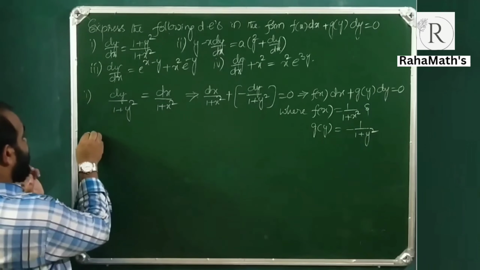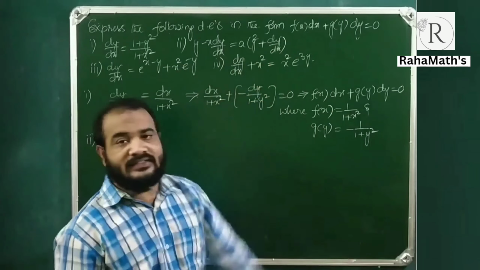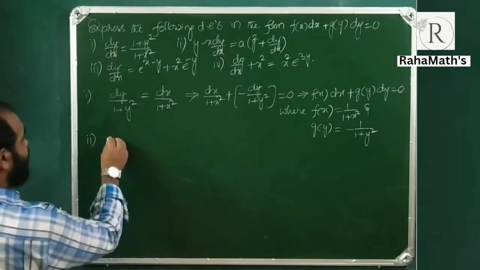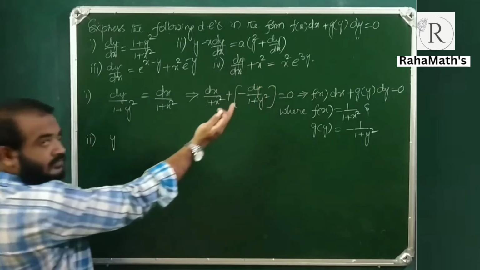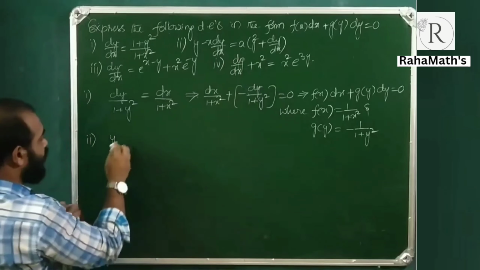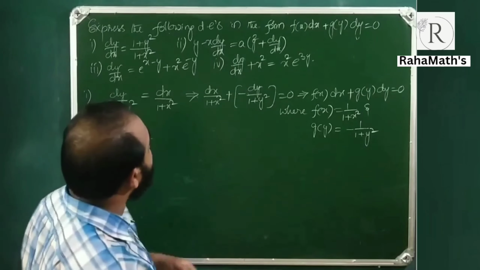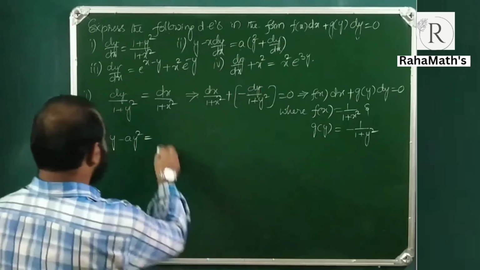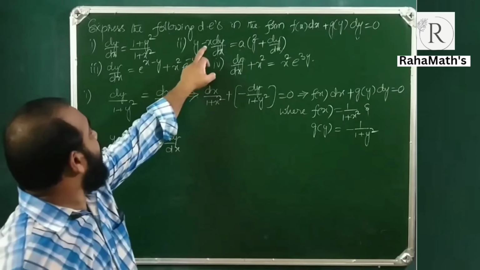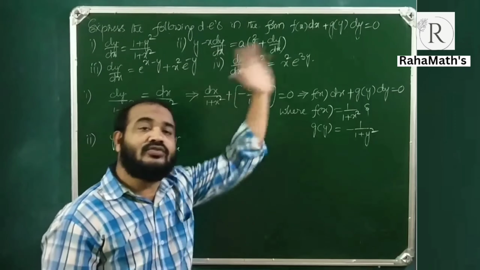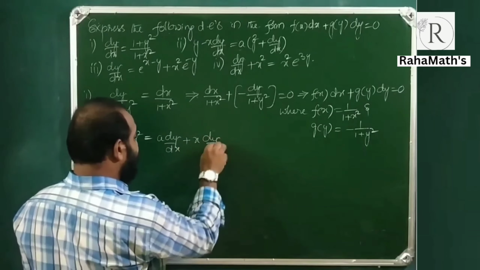Now the second question is y minus x dy by dx equals a into (y square plus dy by dx). So this can be written as y plus a y square. If you transpose onto the other side, minus a y square equals a dy by dx plus x dy by dx.